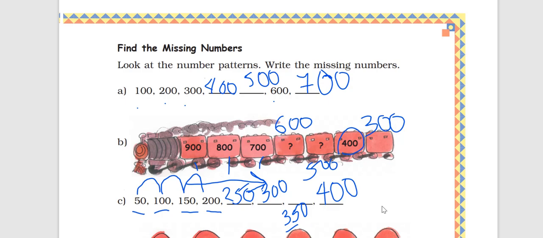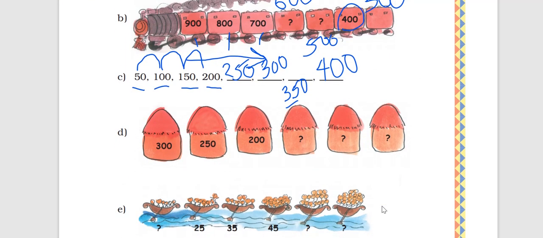There we have it. Now, the next one is 300, which is 30 tens. 250 is 25 tens. Now, we have 20 tens, which is 200. So, each time you're going this way, you are decreasing the number by 5. 30 minus 5 is 25, 25 minus 5 is 20.